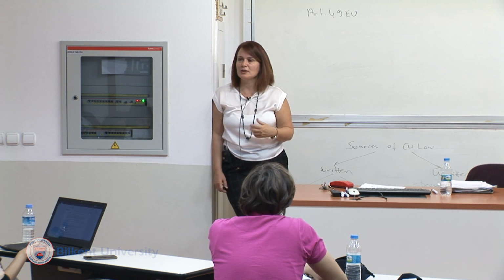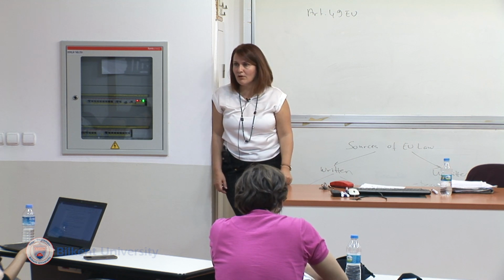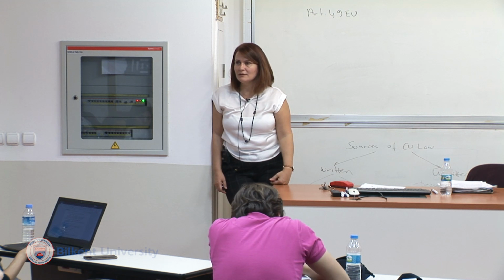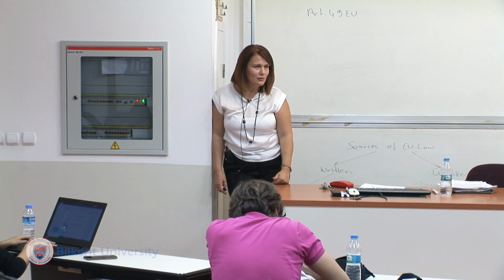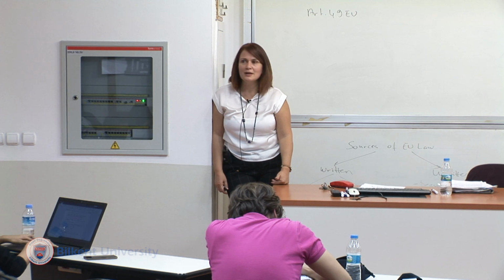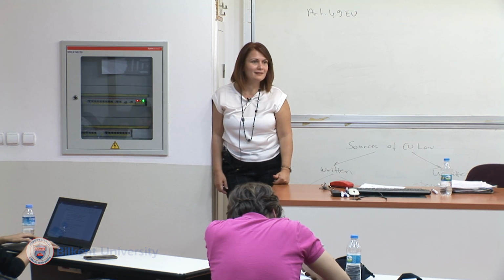The European Commission prepared the report for Morocco, and it said, sorry, Morocco is not in Europe. In the same year, in 1987, Turkey applied for full membership. The European Commission prepared the first report and said, what did it say?